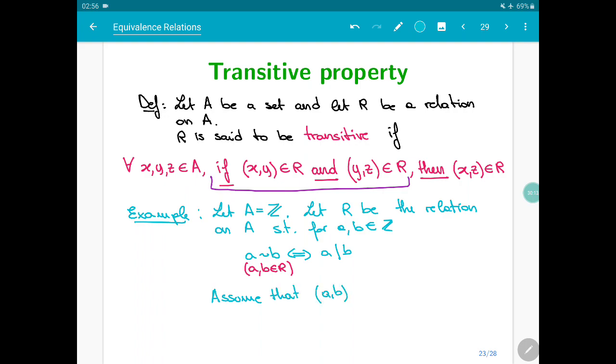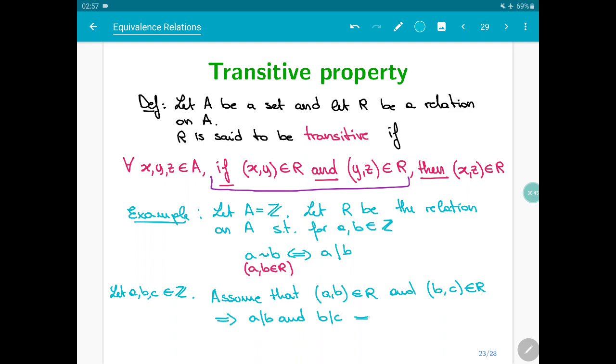Let a, b, c in Z. Assume that ab belongs to R and bc belongs to R. So this is equivalent to say that a divides b and b divides c.